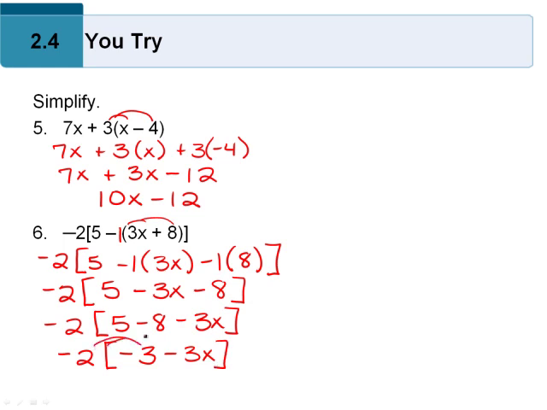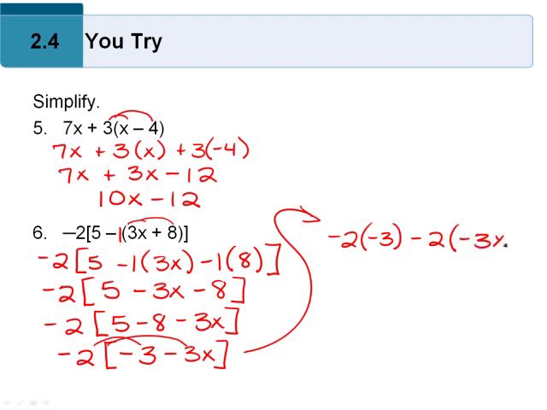So now you use that distributive property again, and we're going to multiply negative 2 times negative 3, and then negative 2 times negative 3x. Okay? So a negative times a negative is a positive 6, and a negative times a negative is again positive 6, but this one has an x. So we have 6 plus 6x, and that's your answer there.